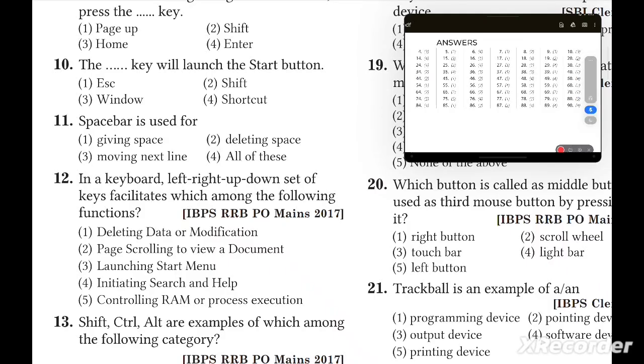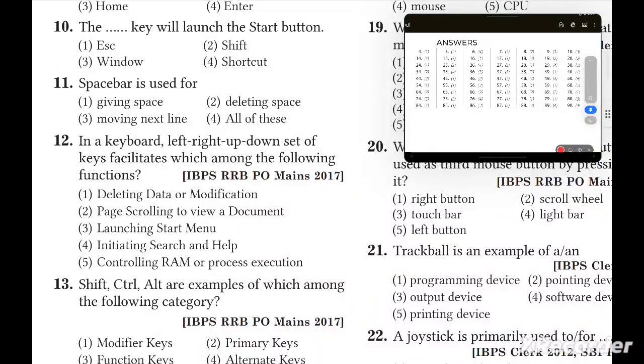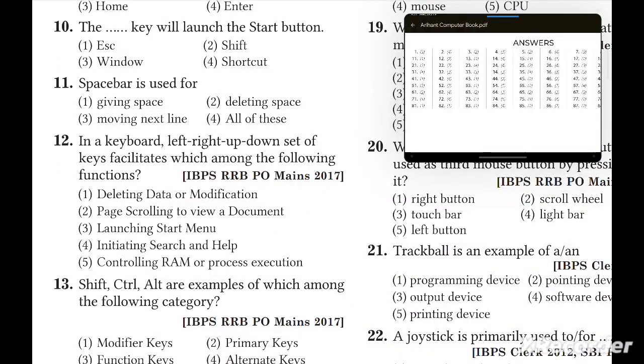First, ESC, that is escape; second, shift; third, window; fourth, shortcut. The correct answer is third, window. Next, space bar is used for: first, giving space; second, deleting space; third, moving next line; fourth, all of these. The correct answer is first, giving space.